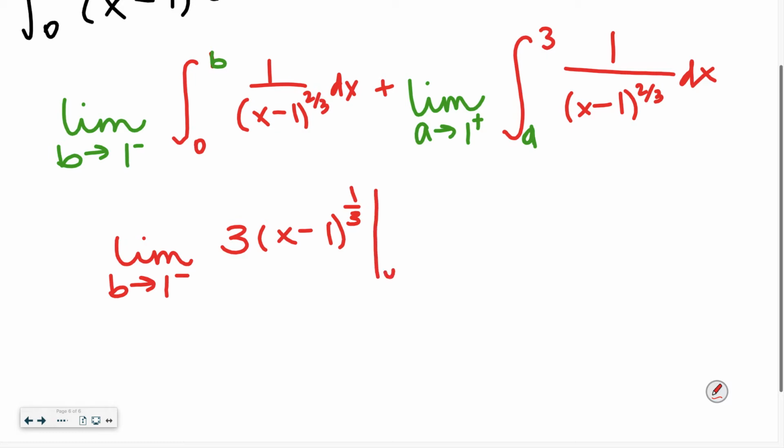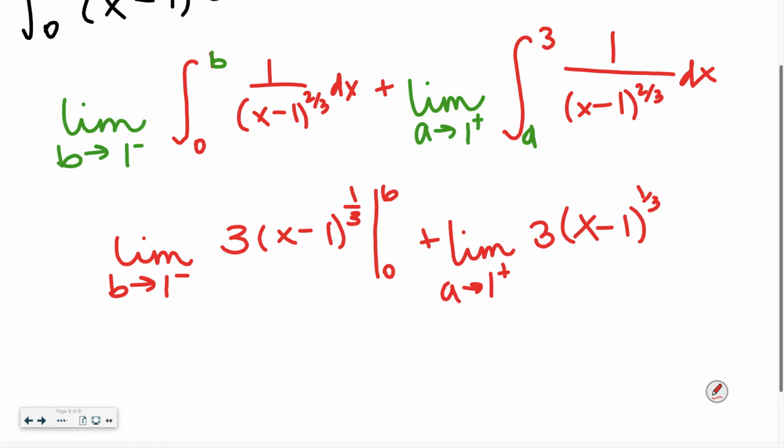Three. Right? Okay. See this? These limits are going to be so much nicer than our last one.